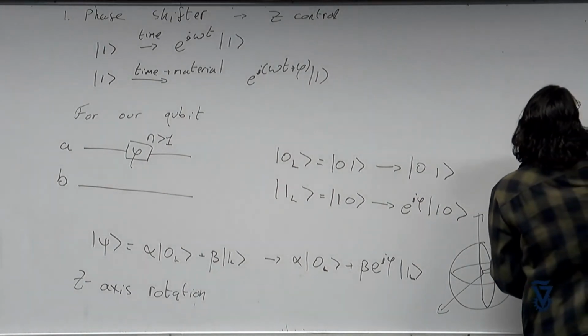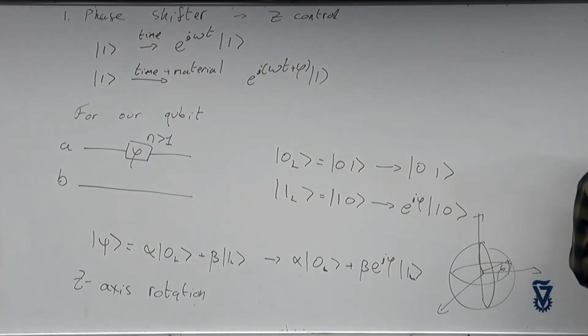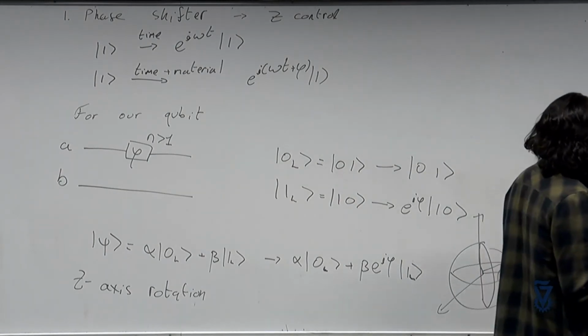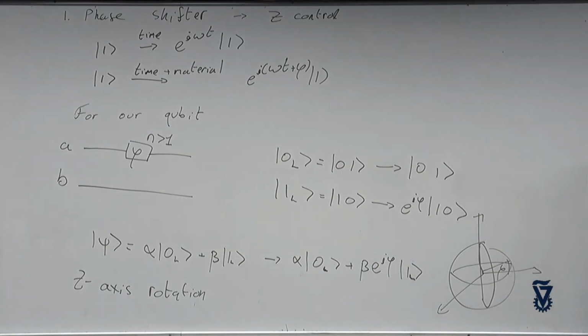So, 2. Beam splitter. Now, like I said, a beam splitter is basically a partially silvered mirror.